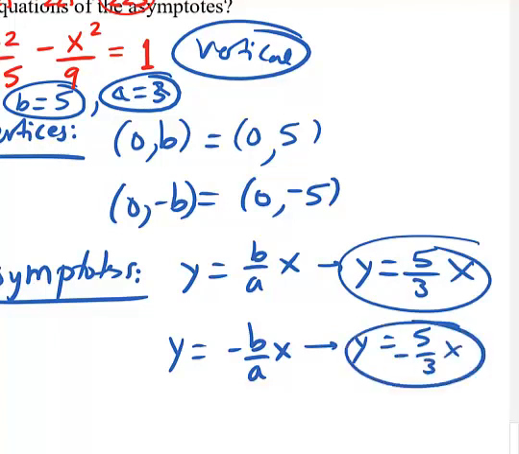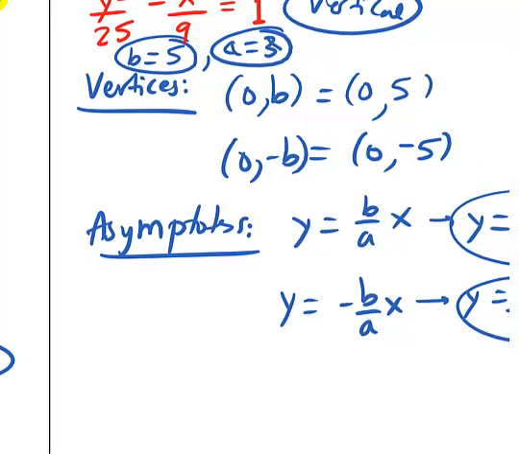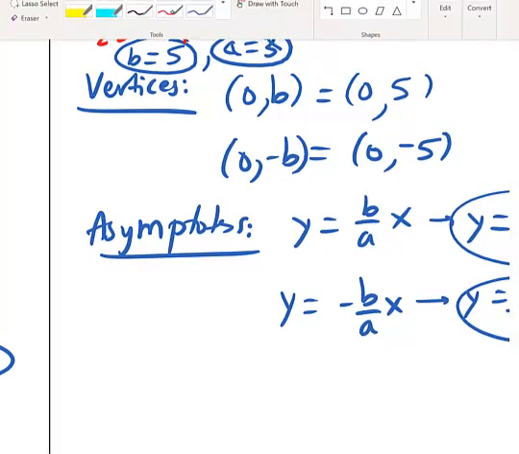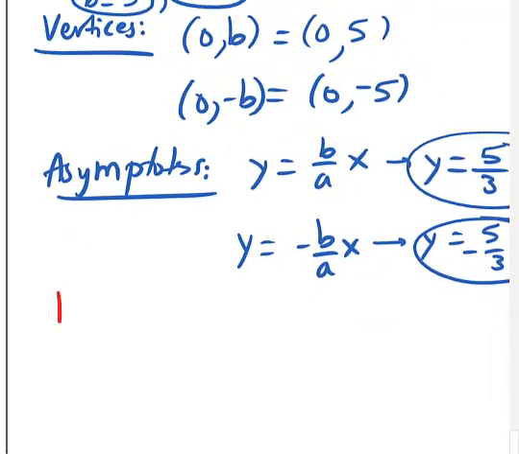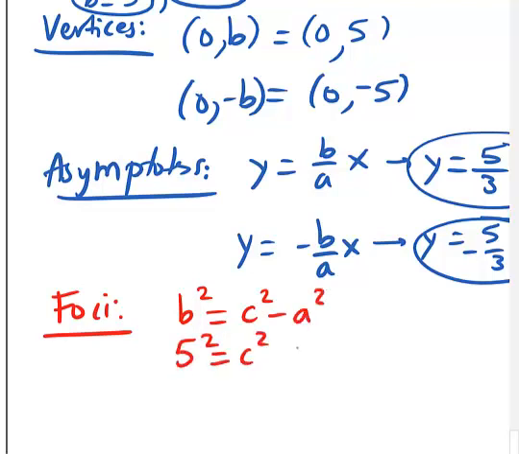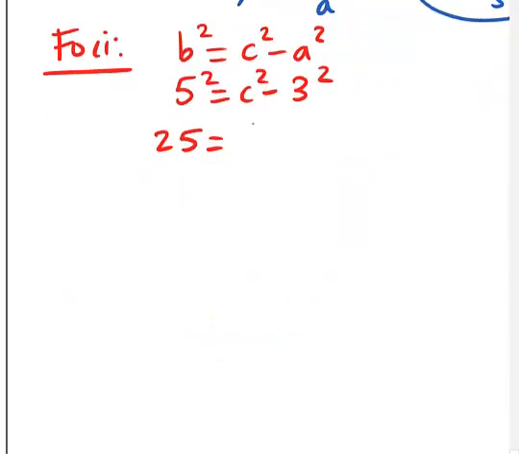So we've got vertices, we've got asymptotes, foci is the last thing, and then we're pretty much ready to finish this problem. Foci, but like we've seen a million times by now, we need to figure out what c is before we figure out the foci. b was 5, a was 3, 25 equals c squared minus 9.